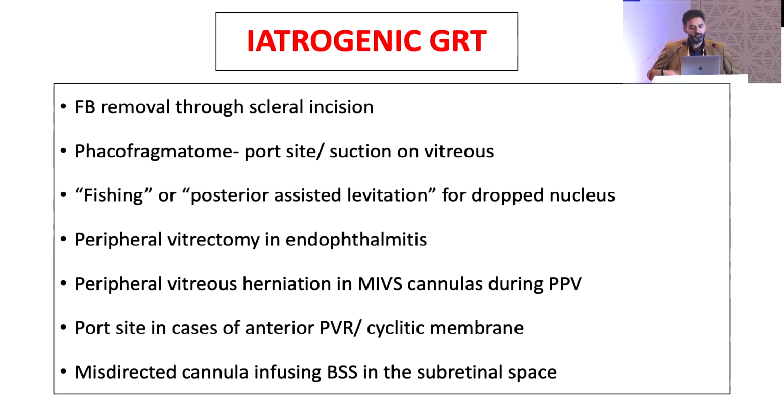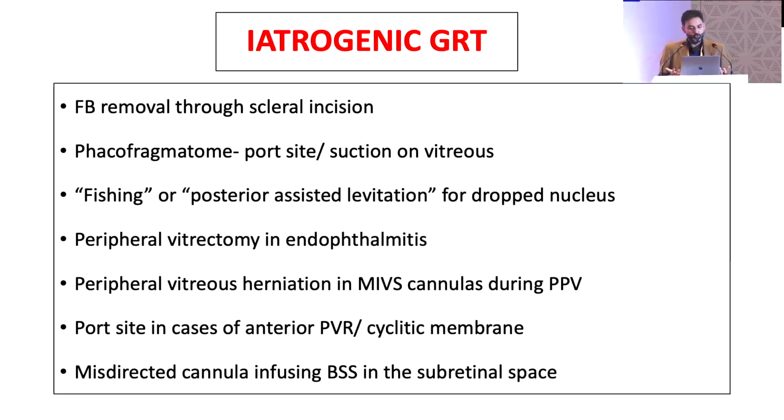Phacofragmatome is a big boon for hard cataracts at the back of the eye. You can try and get them out, but please ensure that the vitreous is out, because the phacofragmatome does not have a cutter. If you engage vitreous with it, with high suction, not realizing, and maybe with the cornea not being as clear as you'd want, you can have a giant tear in the periphery.